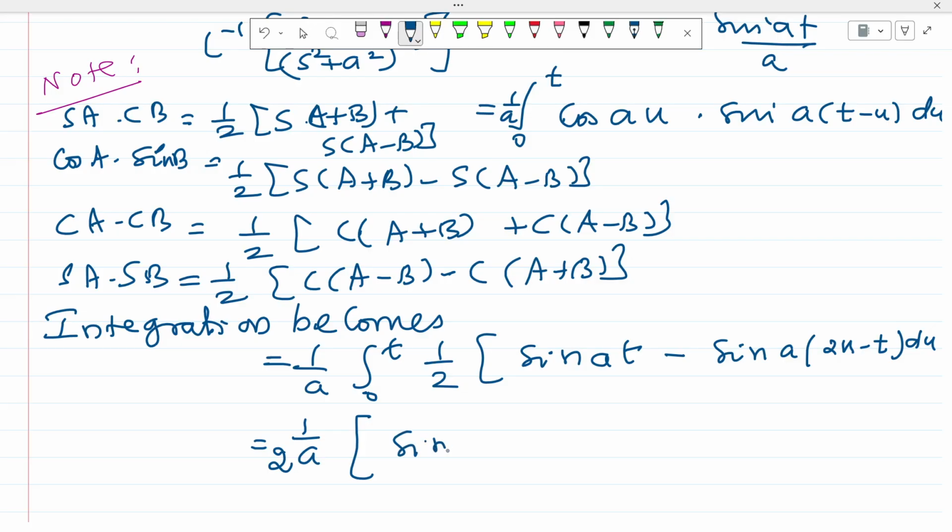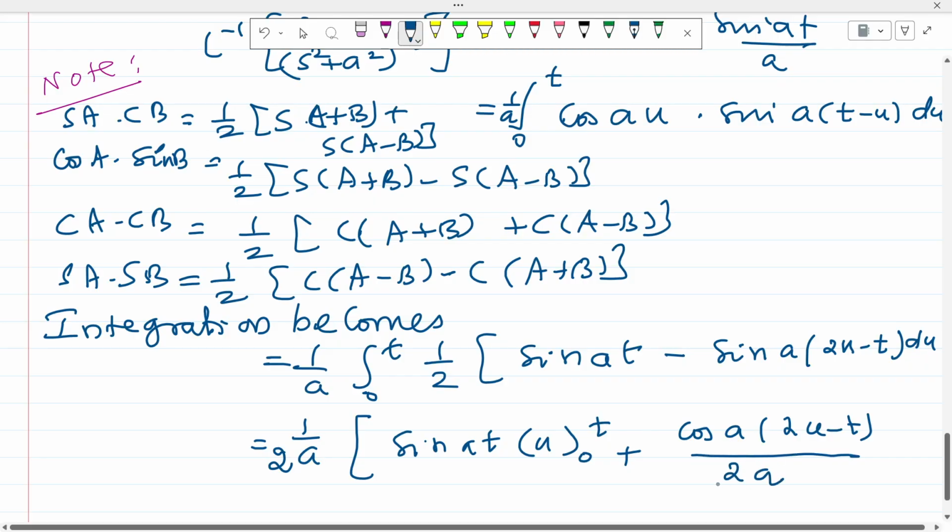Sin at, integration of u is u, 0 to t, minus sin a into 2u minus t. Sine integration is minus cos, so plus cos of a into 2u minus t divided by 2a, from 0 to t.